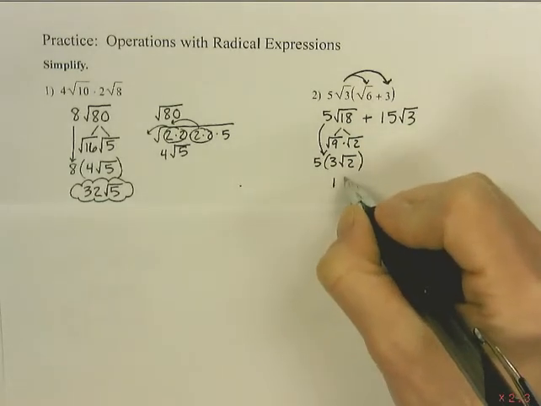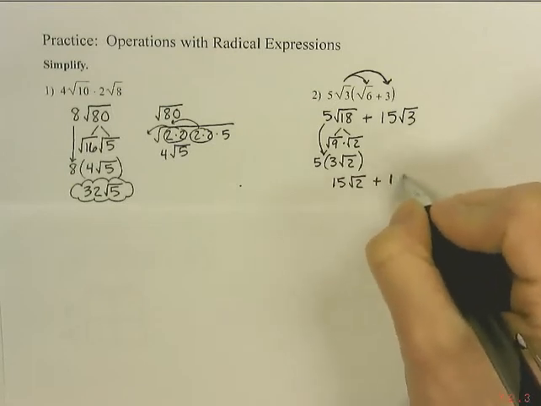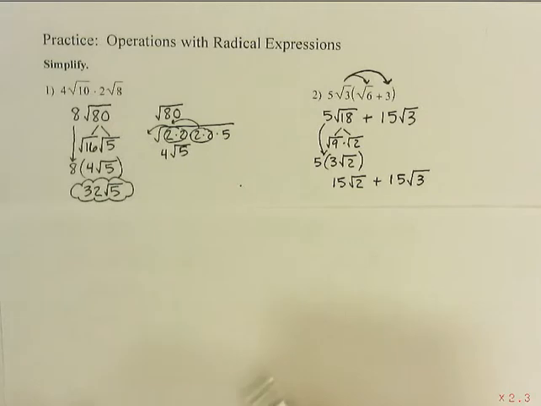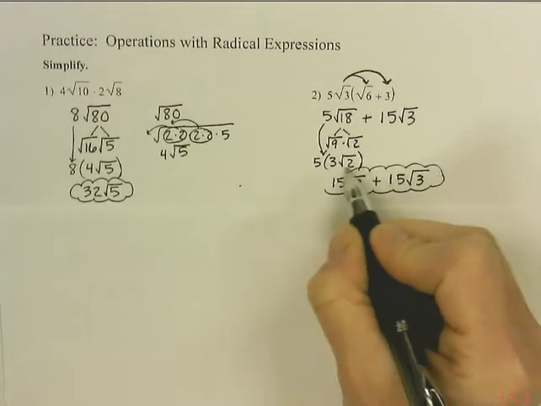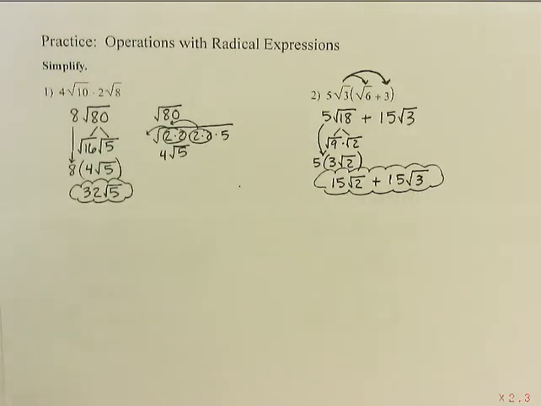So that first term is 15 times the square root of 2, and it's being added to 15 times the square root of 3. Remember, we saw in yesterday's lesson, these are not like terms. You can only add radicals if they have the same number under the radical, and they're not like radicals, so that's as far as we can go with that problem.